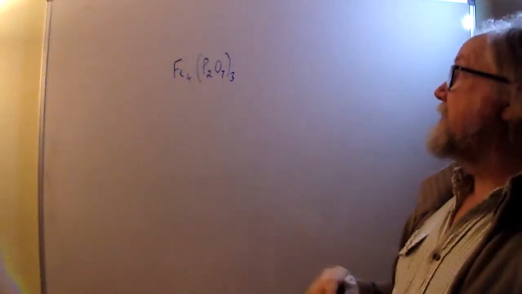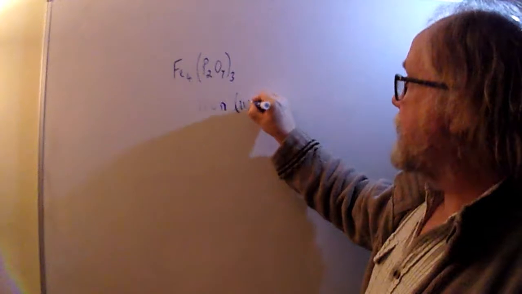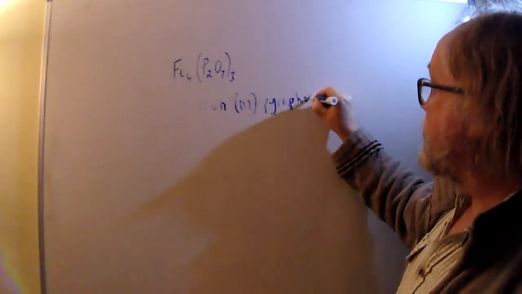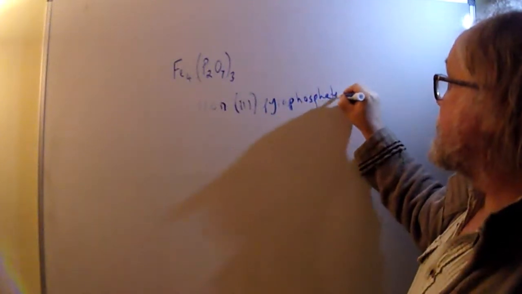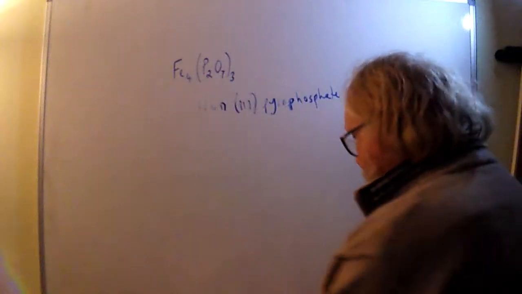Question 2 gives us this as the formula for iron 3 pyrophosphate, and it asks us to work out what the formula of the parent acid is, pyrophosphoric acid. So the point is that we know that the ion is 3+, right?